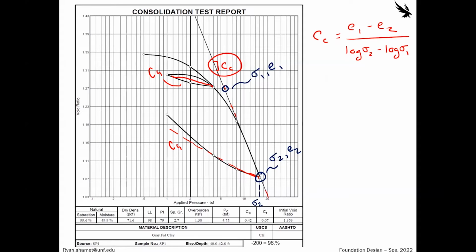So in this example, let's say our E1 is 1.27 on the y-axis, and the corresponding sigma 1 for that would be somewhere here. This unit is in TSF, so tons per square foot. So that's 5.5 TSF.